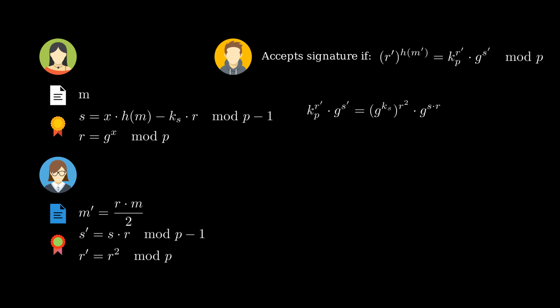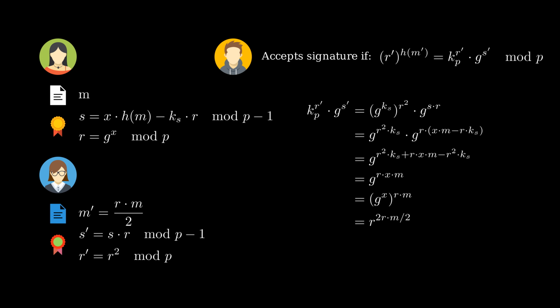Next we write out the definition of S. We multiply all inner terms by R. And see that the terms containing the secret key cancel each other out. By replacing G to the X with R. And by multiplying and dividing the exponent by 2 we can rearrange the terms. We end up with R' to the power of M'.